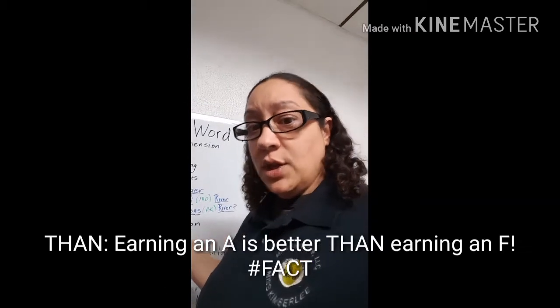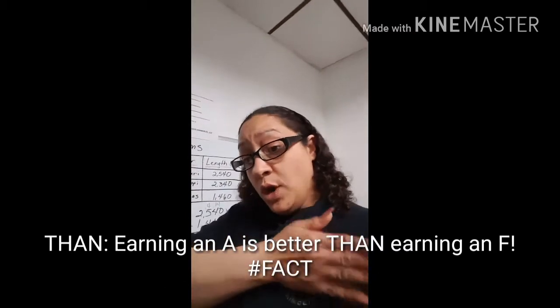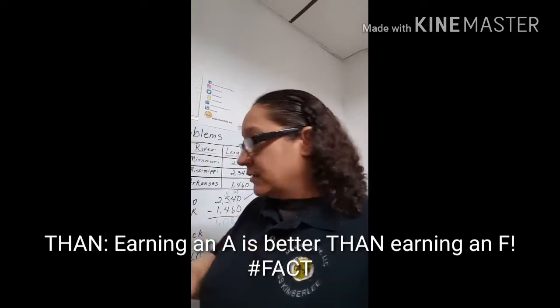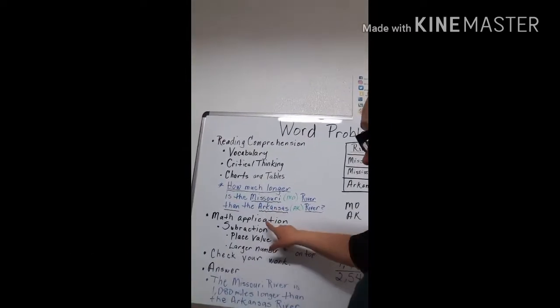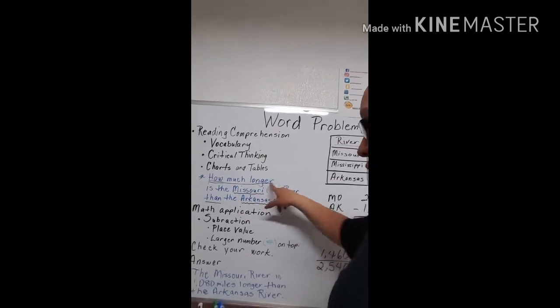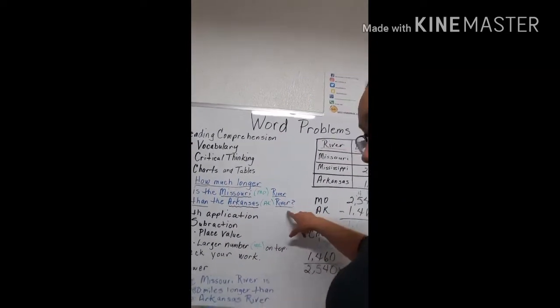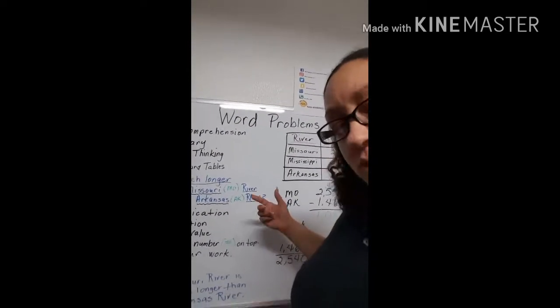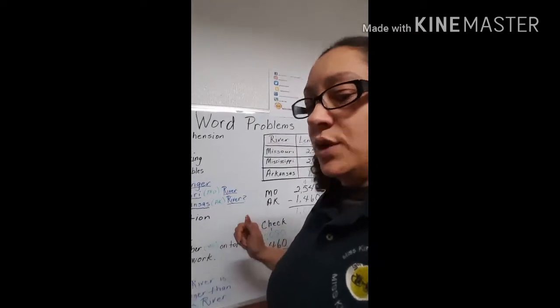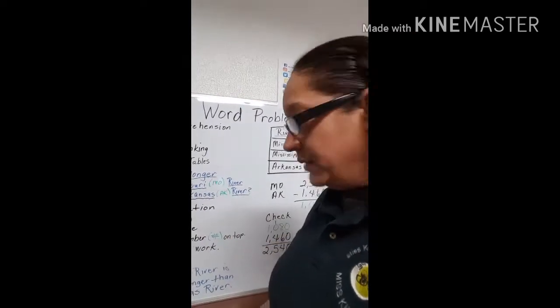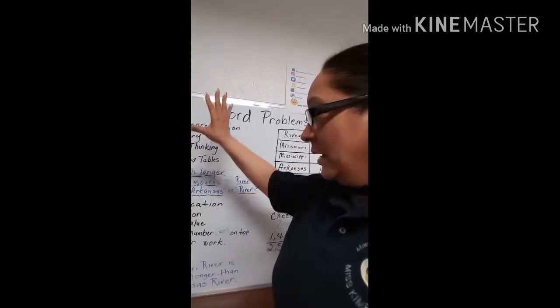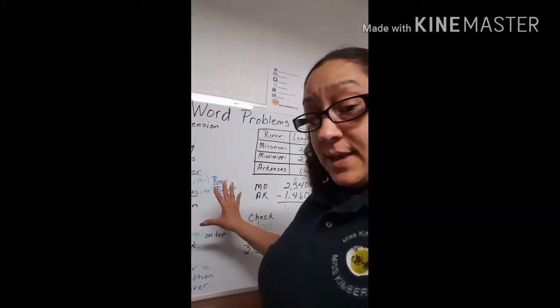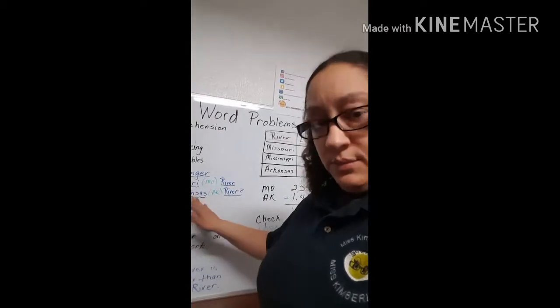Than is a good indicator that you're comparing one and the other. So there are 2 factors. In this case, we want to look at patterns. What do they want you to see? Here they have river in here twice, so chances are they want you to compare rivers. Which rivers? The Missouri River and the Arkansas River.